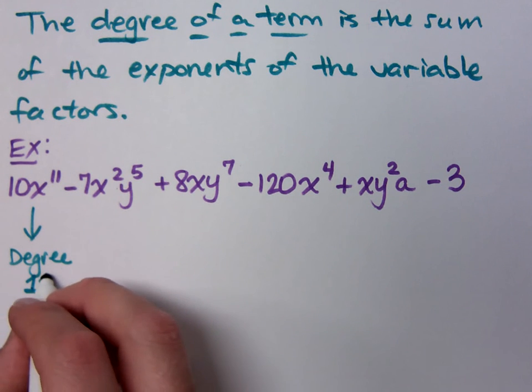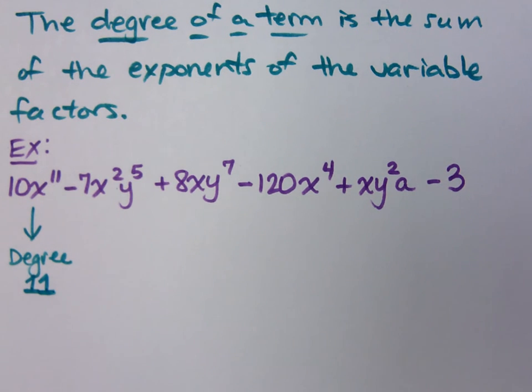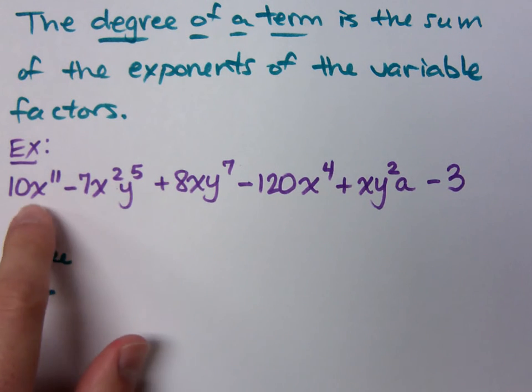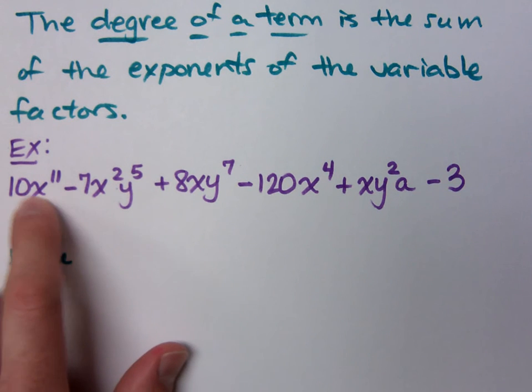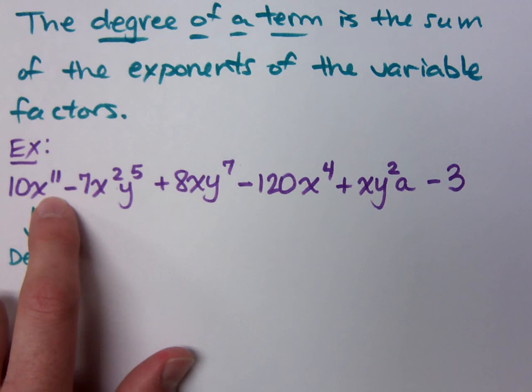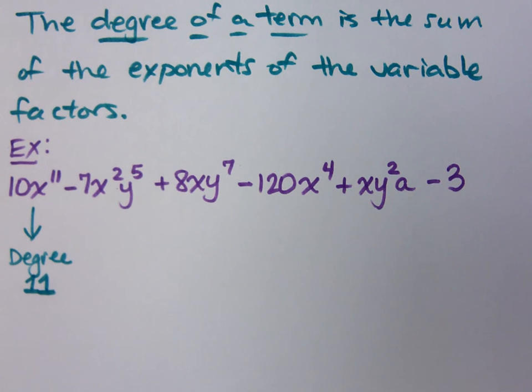No, it's just going to be 11. The degree, or the strength of a term, lies in the variable components. It doesn't matter what the coefficient is. It's all about the exponents. How many factors of variables do we have here? If you strung all these out, how many x's would you have? 11. So that means its strength is going to be 11, so to speak.